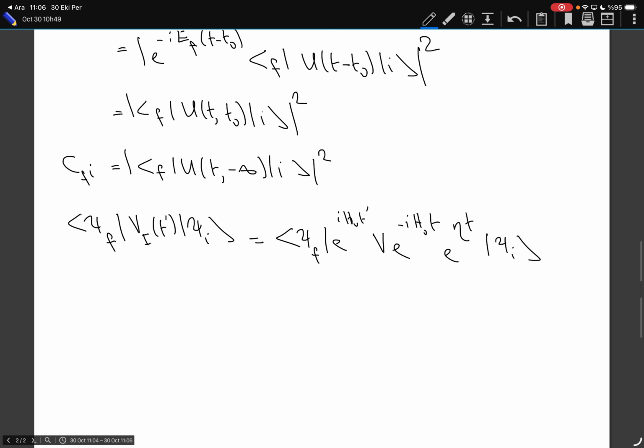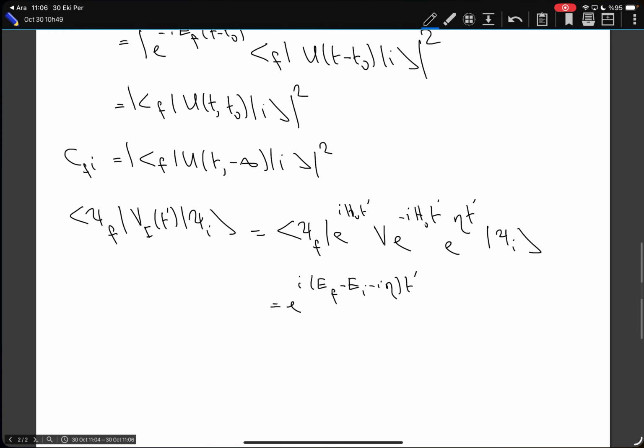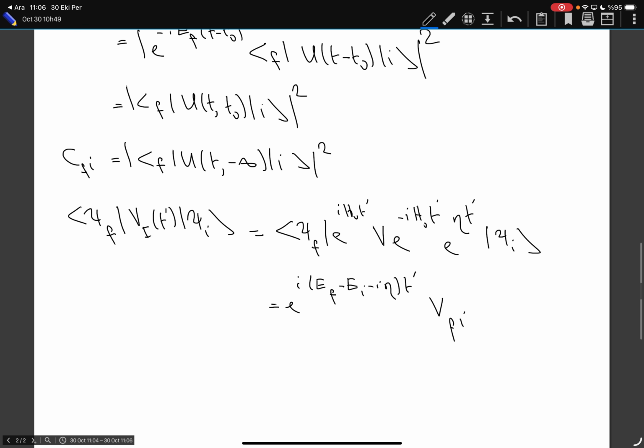That eta eventually I will set to 0. t prime, which is e to the power i (E final minus E initial) minus i eta t prime V_fi. So this is that matrix element.